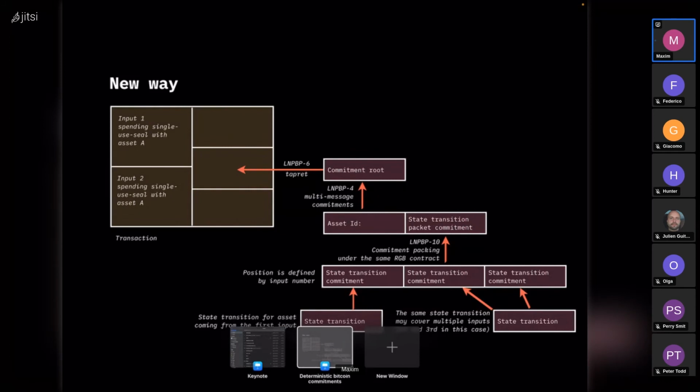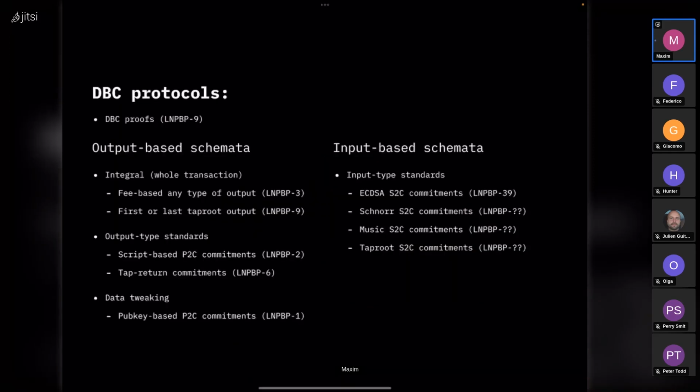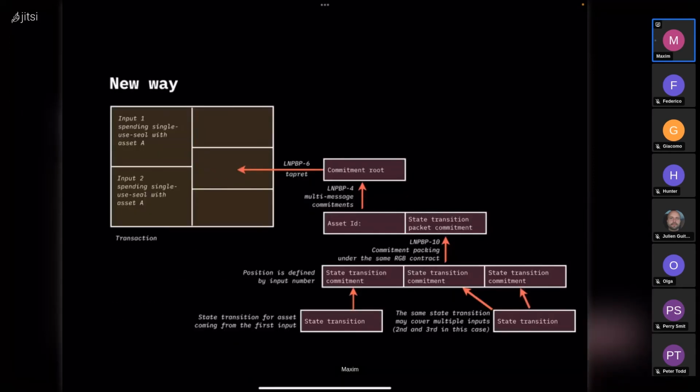You will have multiple state transitions in the transaction, and a state transition can spend one or more inputs. The commitment to the state transition should go into the second level of the Merkle tree, in the leaf whose number corresponds to the number of the transaction input getting that asset from.